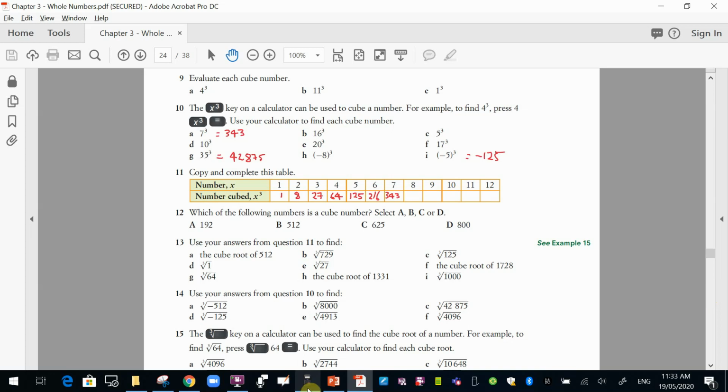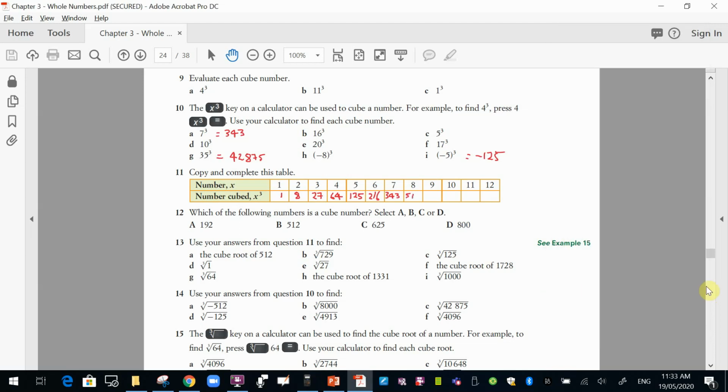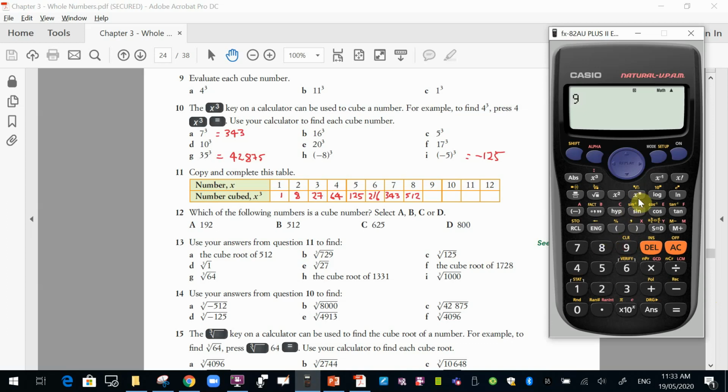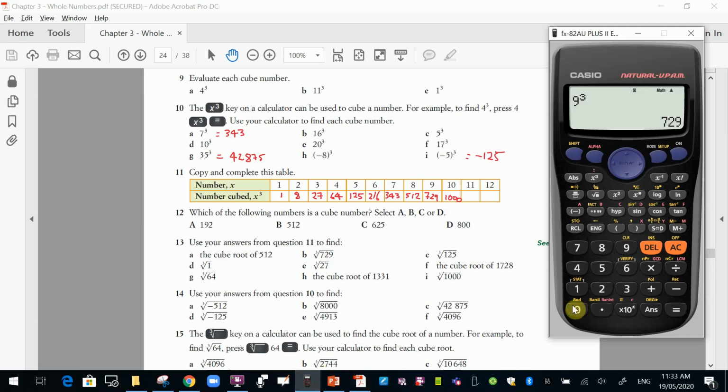Might run out of space. 8 cubed is 512. 9 cubed is 729. 10 cubed is 1000. 11 cubed is 1331.